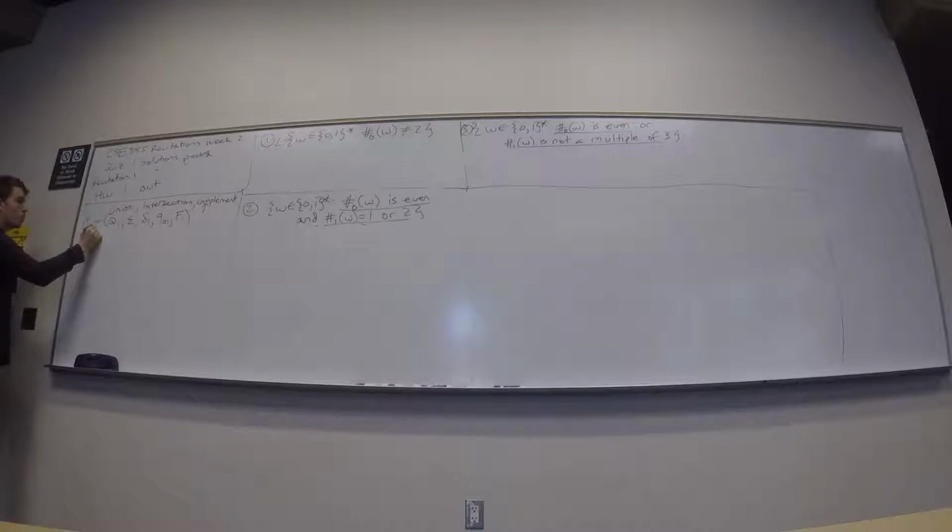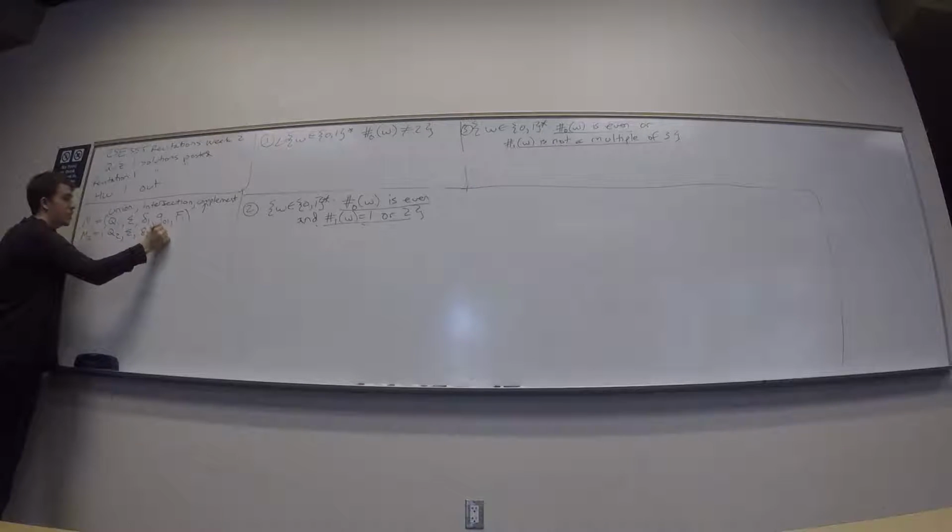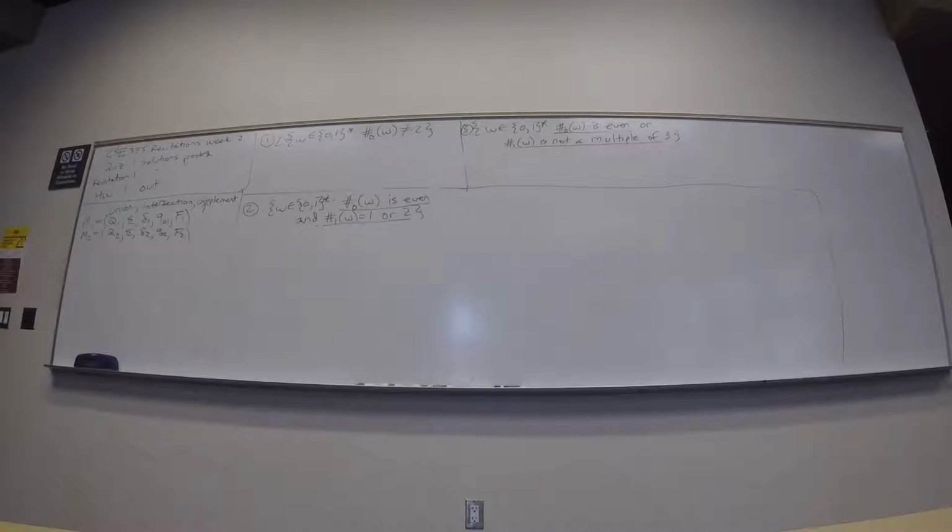And I have M2, some other states, alphabet, some transition function, start state, final states. Now I want to make, let's just do union first, a DFA that is the union of the languages of these 2 machines. So how did we actually do that?